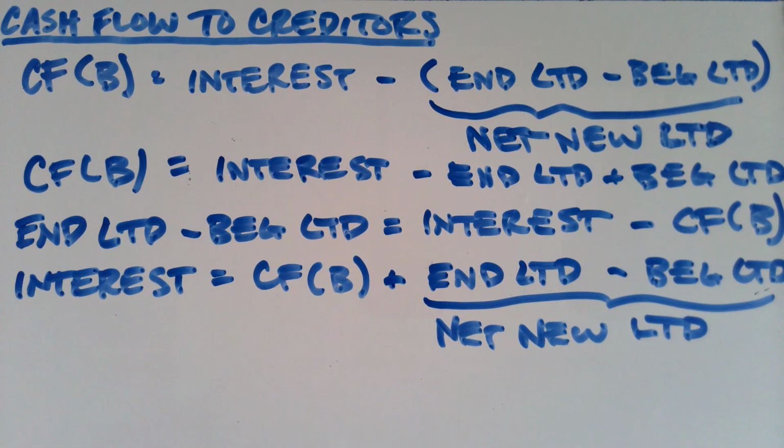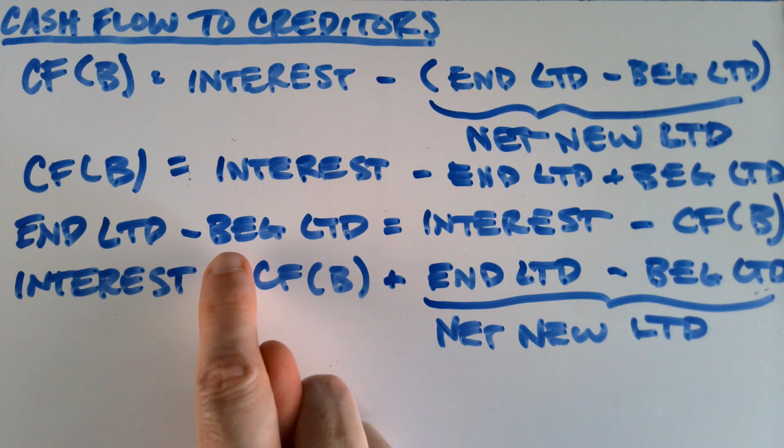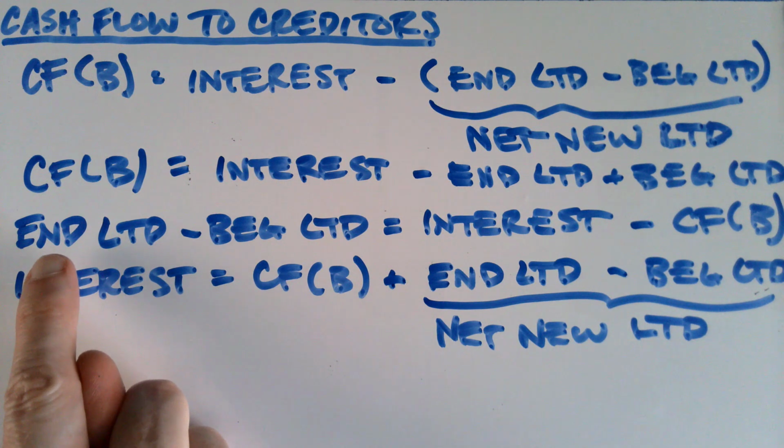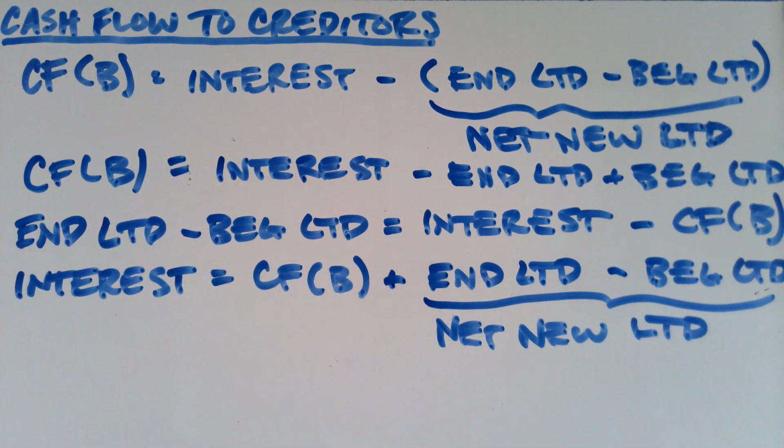You could arrange this any way you like. The key to doing this is to remember that if you move something across the equal sign, the sign changes. For example, when we moved positive beginning long-term debt across the equal sign, it changed to negative. And when we moved negative ending long-term debt to the other side, it became positive.